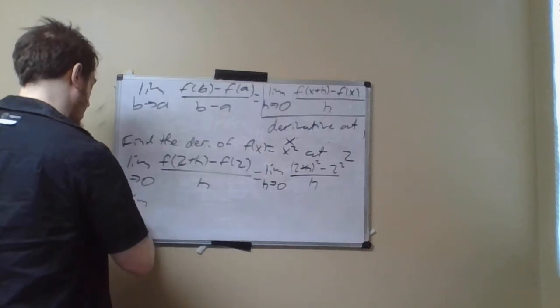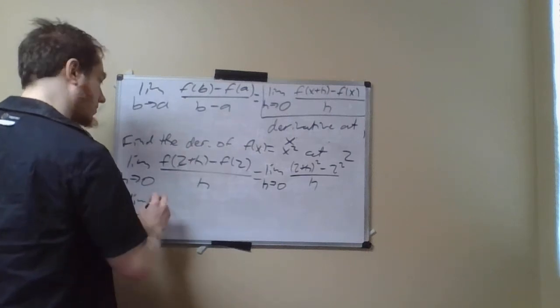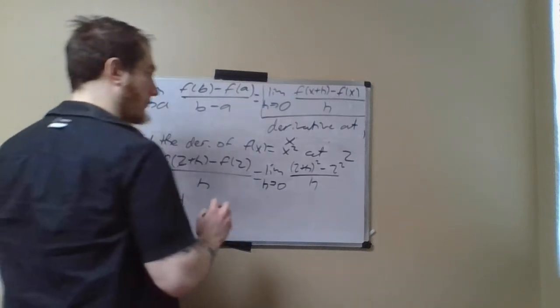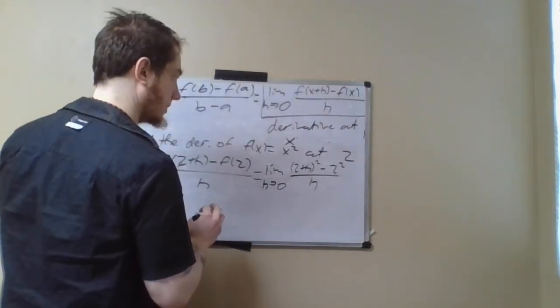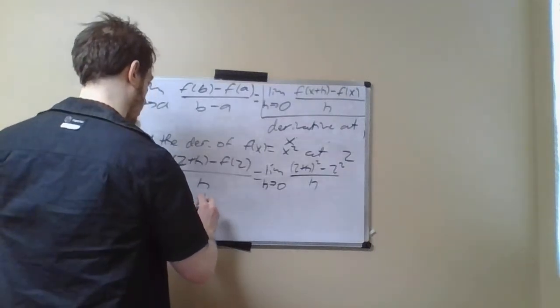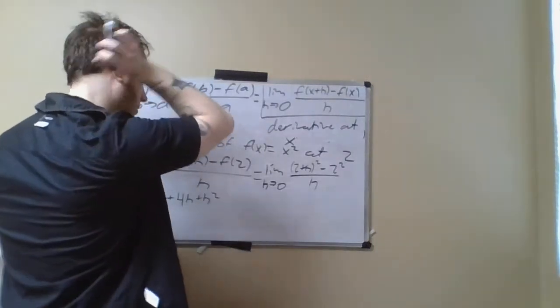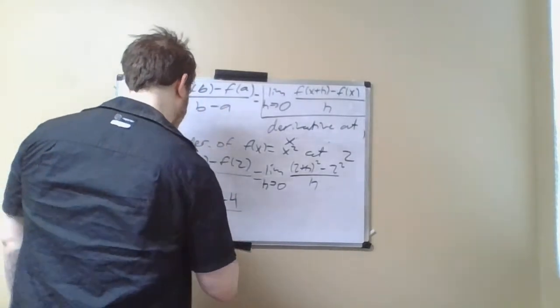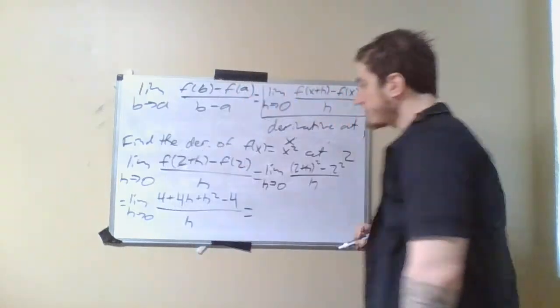This is going to give me the limit as h approaches 0 of 4 plus 4h plus h squared minus 4, all divided by h.